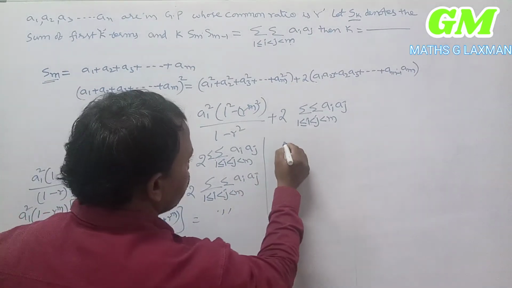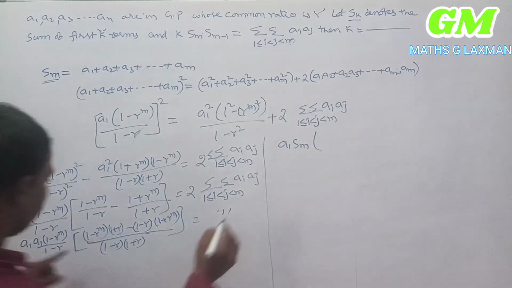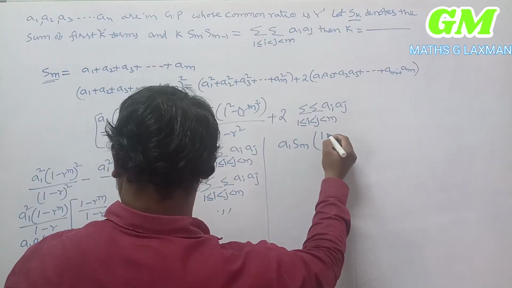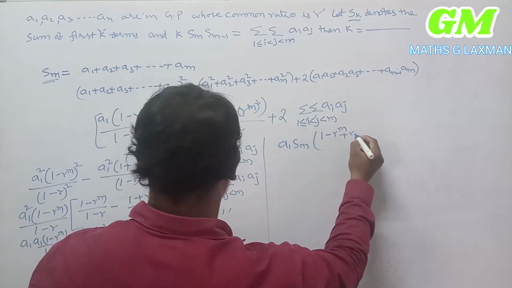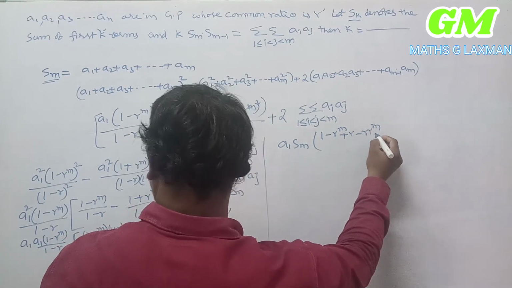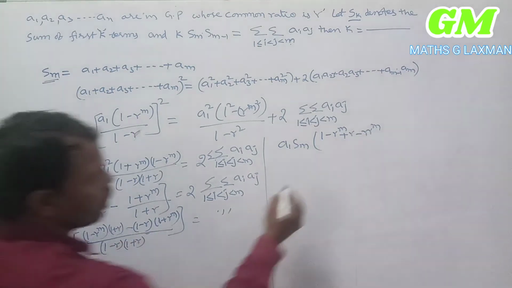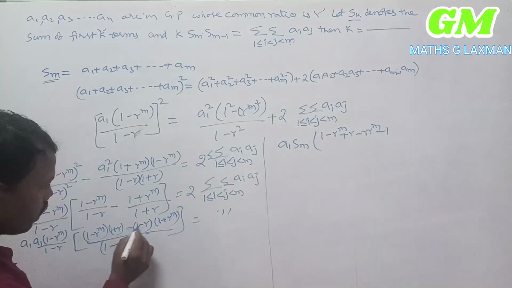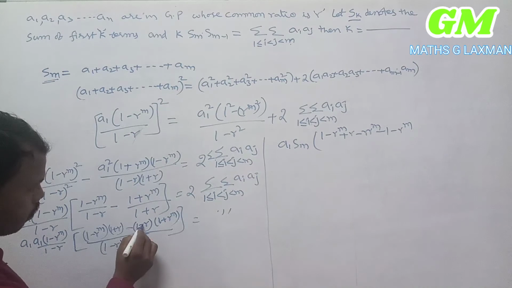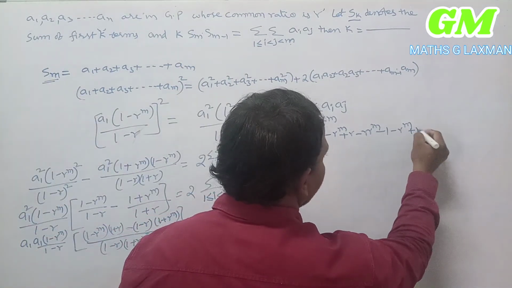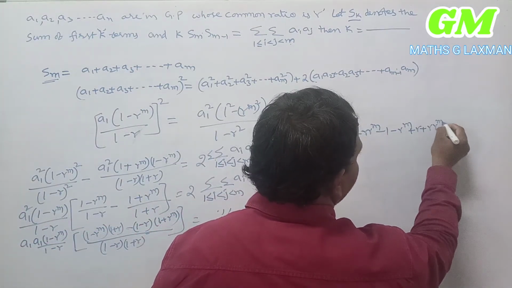So a1 S_m into, simplifying this, 1 into (1 minus r^m) plus r minus r into r^m. Then when you simplify this, minus 1 into 1 is minus 1, then minus 1 into r^m is minus r^m, then minus and minus is plus r into 1 is plus r, and then plus r into r^m plus r into r^m.